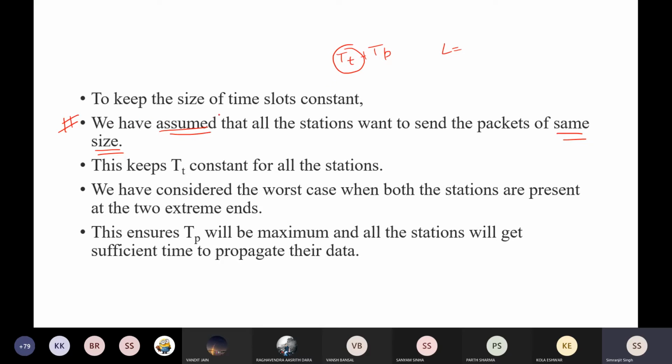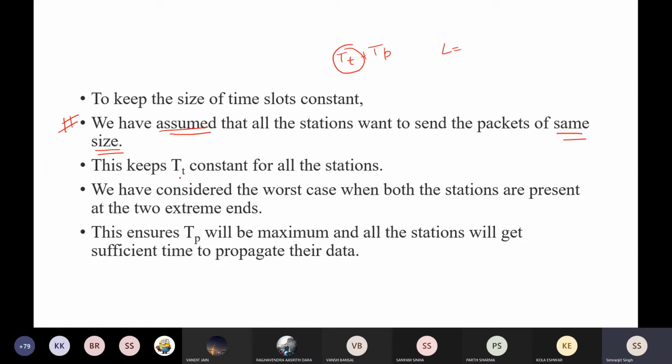If they overlook it, they will not conclude that this is the assumption. Some packets can take more time, some packets can take less time. So if you take this assumption, this formula is valid.